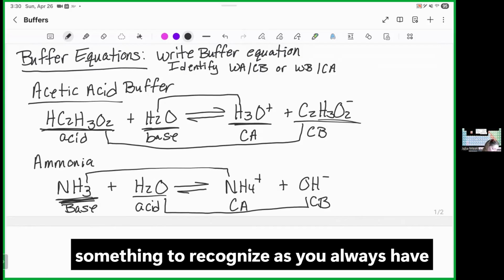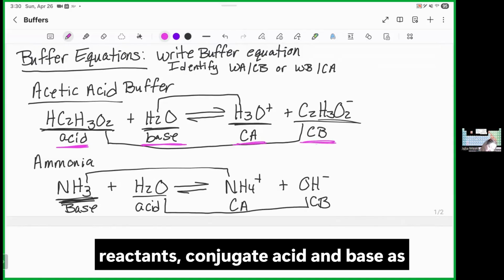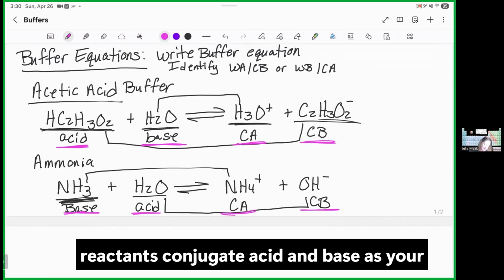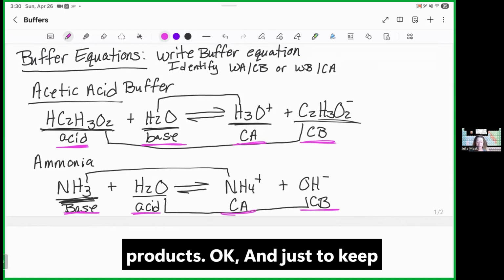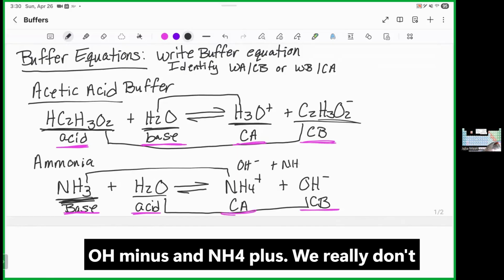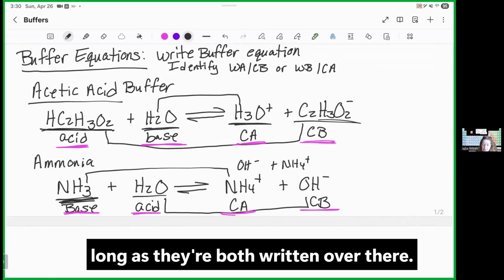So something to recognize is you always have an acid and a base as your reactants, conjugate acid and base as your products. And just to keep in mind, I could have written this as OH minus and NH4 plus. We really don't care what order they're written in, as long as they're both written over there.